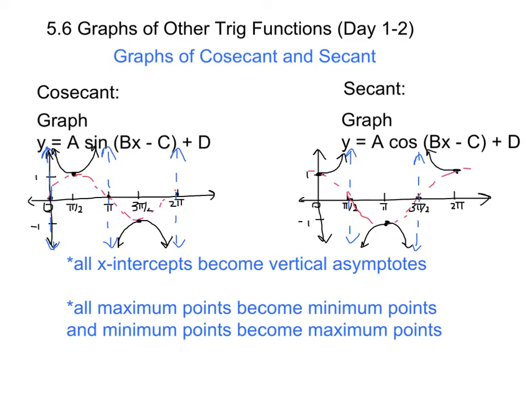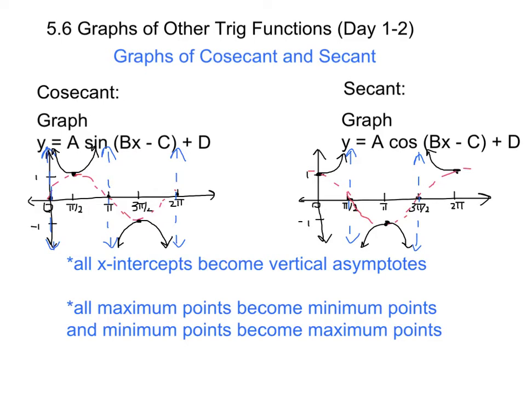And so what happens is we actually graph more than one period so you can see a fuller picture of your graph. And when you check your answers in the back, you're not going to see the sine and the cosine graph because those are our parent graphs. So that's why I'm making the lines dashed. It may be easier if you use two different colors so that you won't get confused on which graph is what.